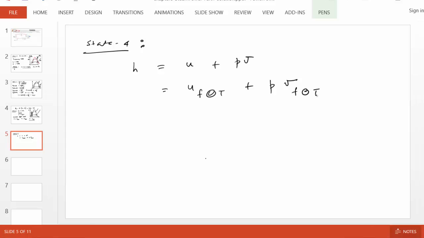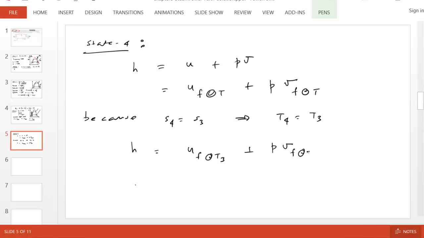And we know because entropy remains constant, that implies T4 equals T3. So therefore, enthalpy can be found from Uf at T3, which we know, plus P Vf at T3.